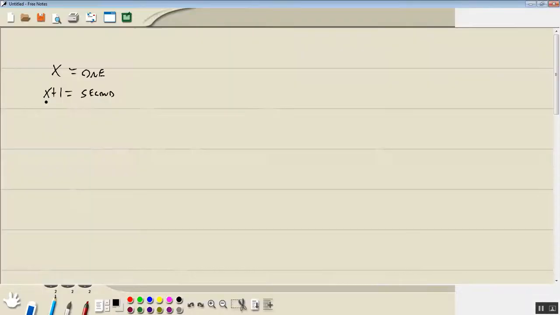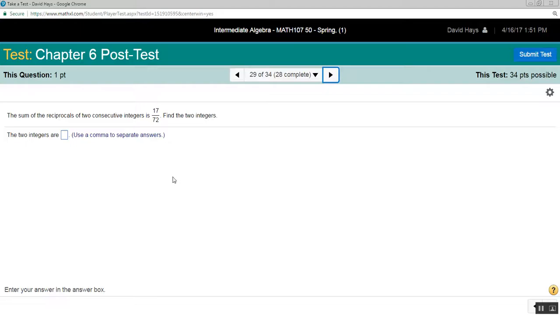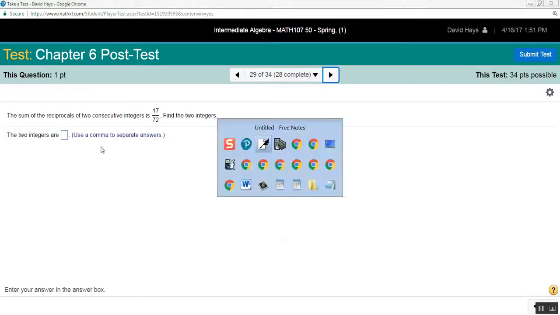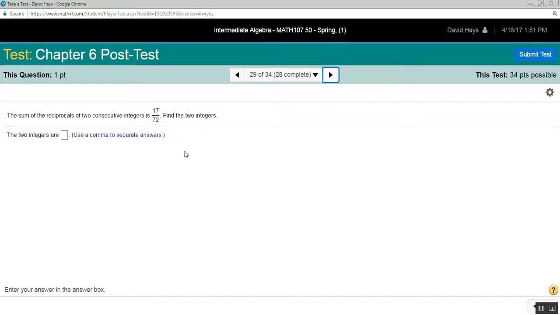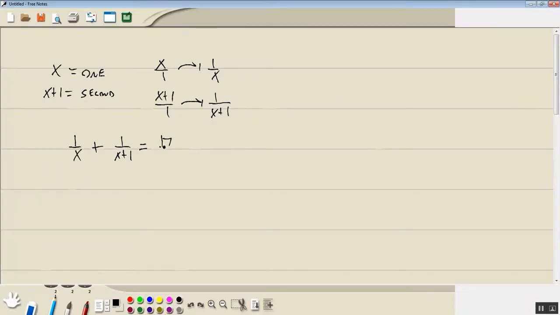The reciprocal of those, well, if I put in fraction form, that's x over 1, and this is x plus 1 over 1. So reciprocal will be 1 over x. Reciprocal means fraction flipped, and this would be 1 over x plus 1. And the sum of those, so I'm going to have 1 over x plus 1 over x plus 1 is equal to 17 over 72.